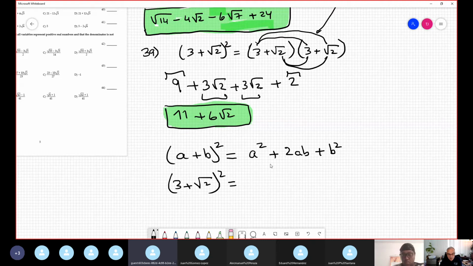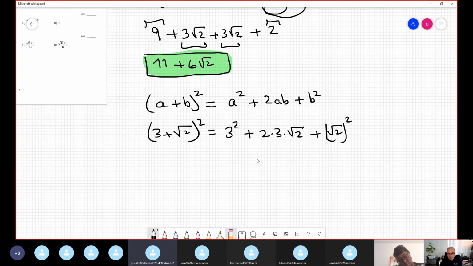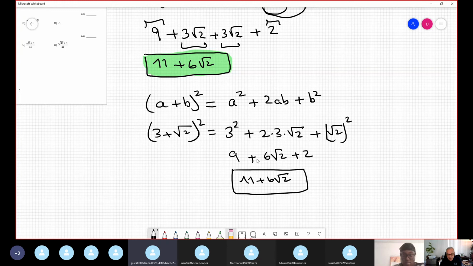Square the first: 3 squared, plus 2 times the multiplication of both, 3 and radical 2, plus radical 2 squared. And this is 9. This is 6 radical 2. And this is 2. And we get exactly the same result: 9 plus 2, 11, plus 6 radical 2. Boom. Same answer.